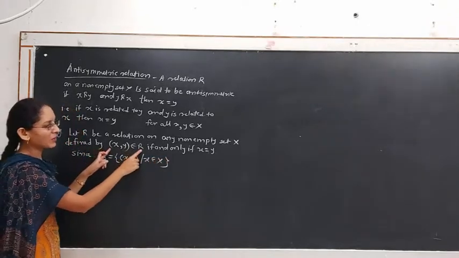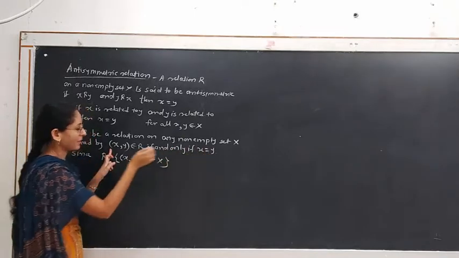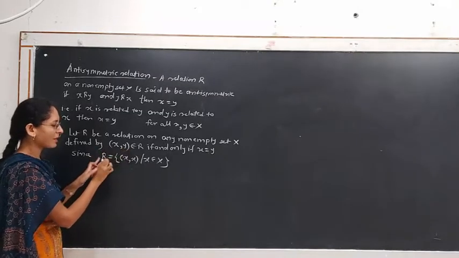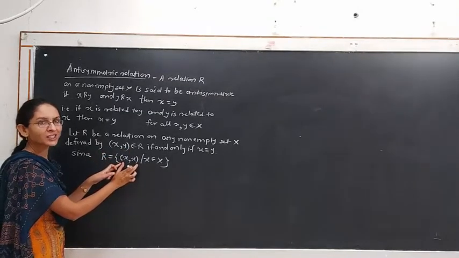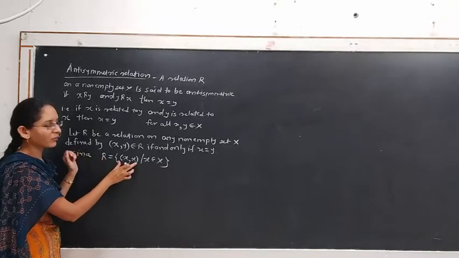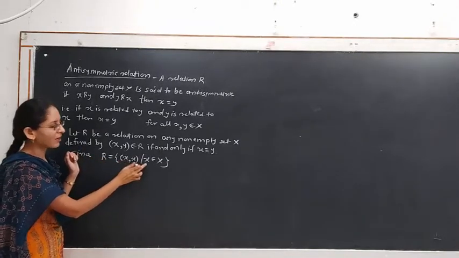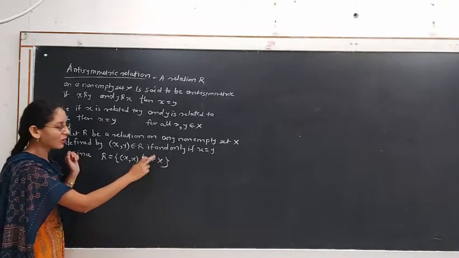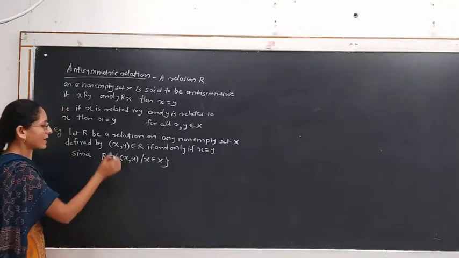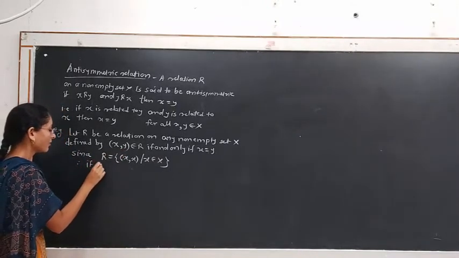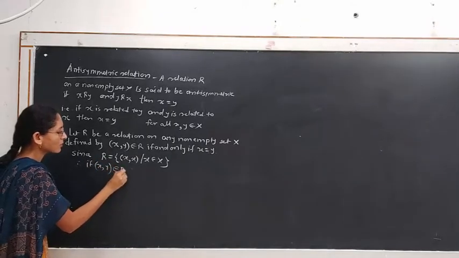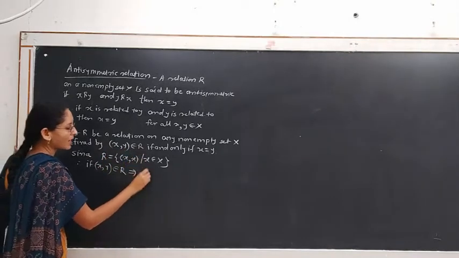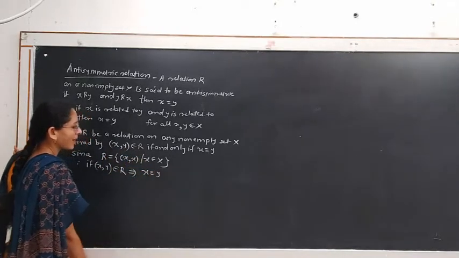See, the ordered pair (x, y) belongs to R if and only if x is equal to y. Means in this ordered pair, if we consider y is equal to x, then this ordered pair belongs to relation R. Hence, if (x, y) belongs to R, this implies x is equal to y.